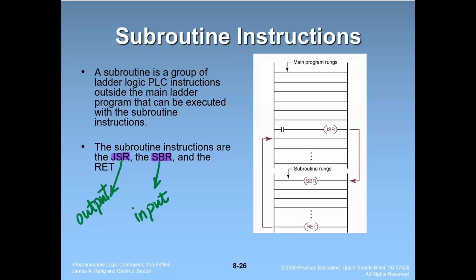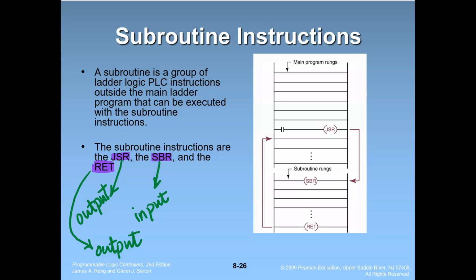And finally, RET is an instruction that we need to have in order to finish the subroutine program. So we need at least one RET at the end of each subroutine. And RET is also an output instruction.